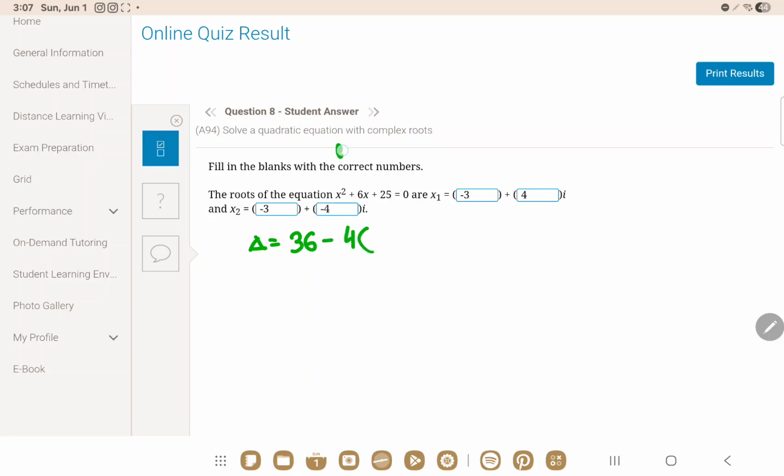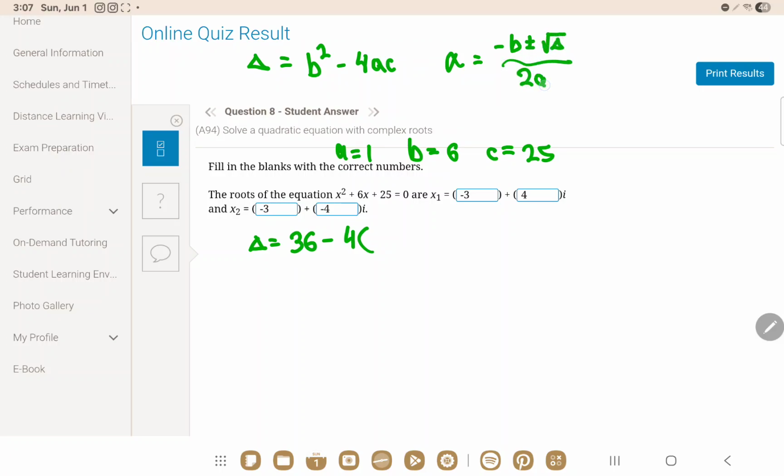Again, a is the coefficient of x squared, which equals 1. b equals 6. c equals 25. And the formula is b squared minus 4ac for delta. And the quadratic formula is alpha equals negative b plus or minus radical delta over 2a. This is alpha, by the way, not a.